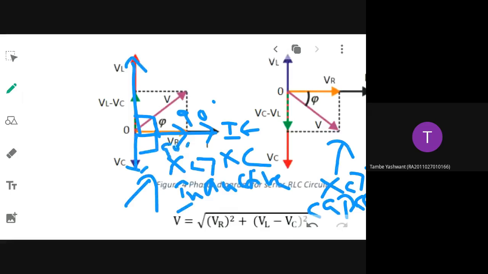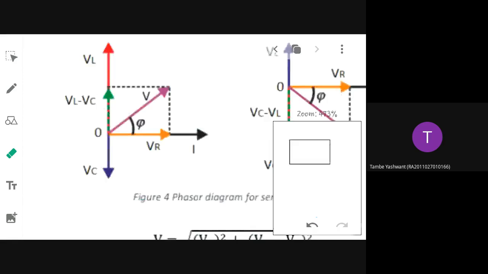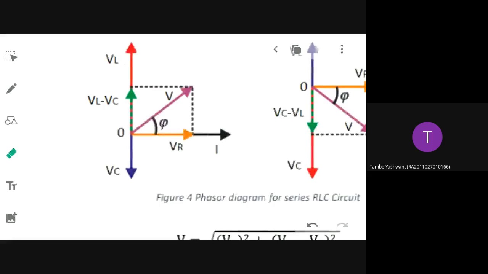Then the difference between VL and VC is also represented, and that will be taken as a phasor sum with VR, and the total voltage will be V. Understood this phasor diagram representation? Rather than memorizing, you understand the relationships. That way the phasor diagrams you can draw easily.